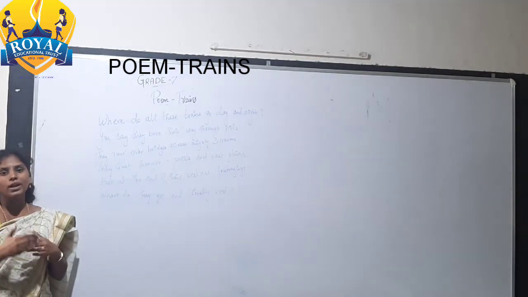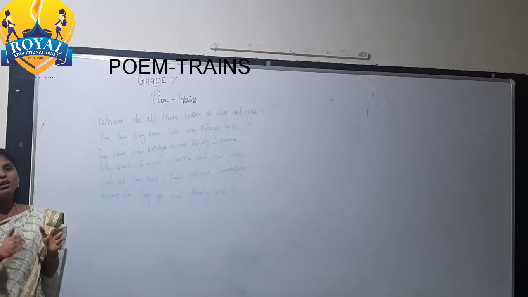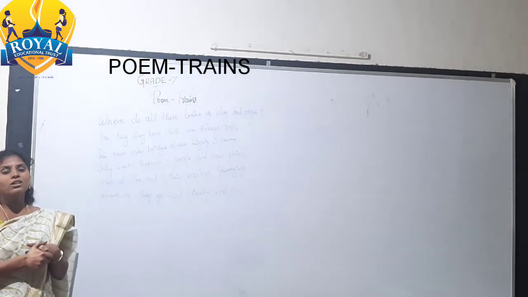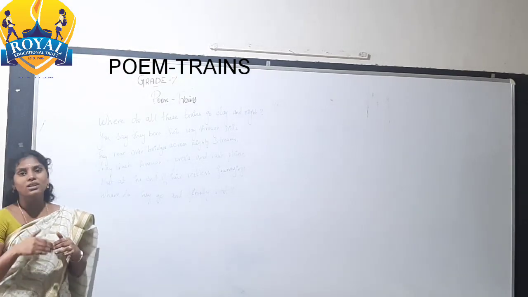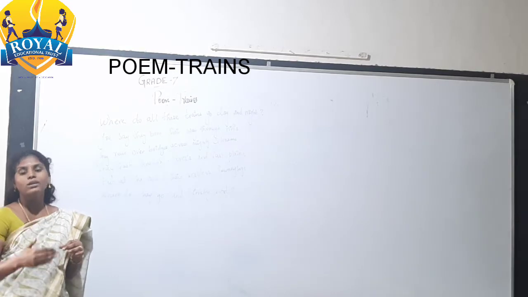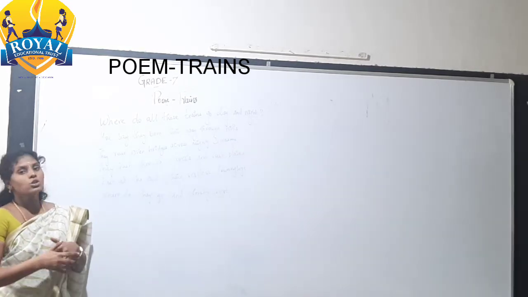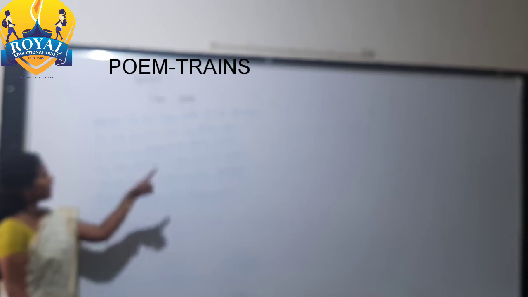How the trains move without taking any rest. So day by day, night, this train is moving. So here the poet uses the child's innocence, and the poet writes this poem in an honest manner. So where do all these trains go day and night?